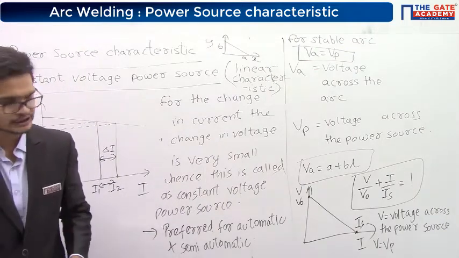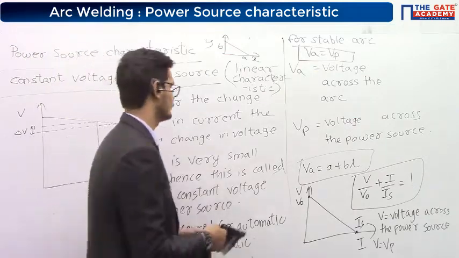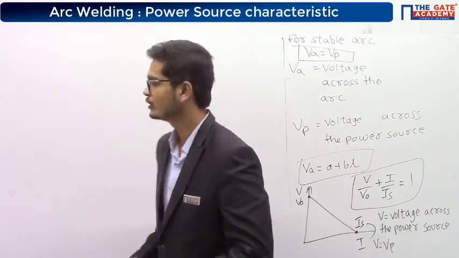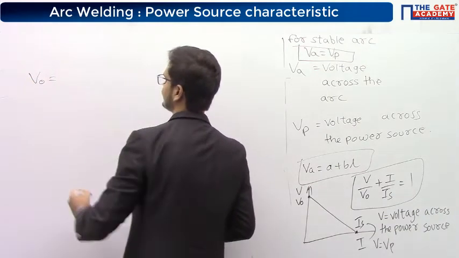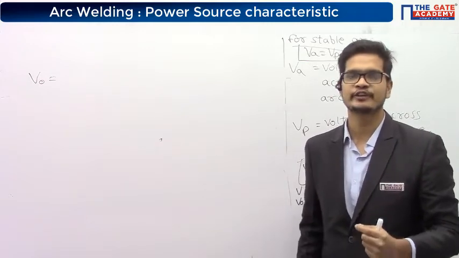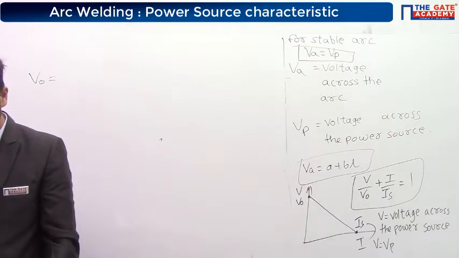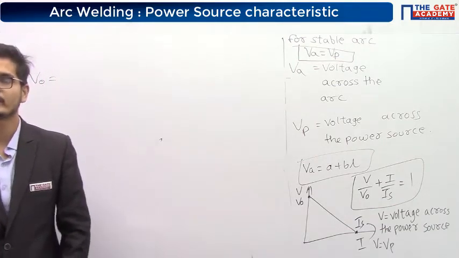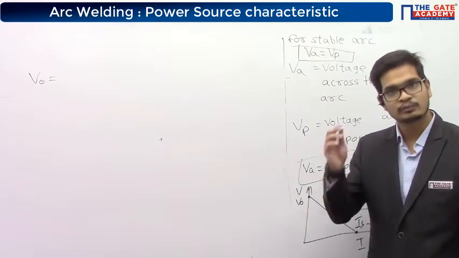Then I'll tell you what is V naught, what is IS. Please write down VO or V naught. VO or V naught is called the open circuit voltage. V naught is open circuit voltage.